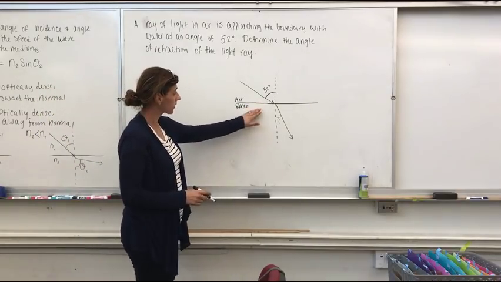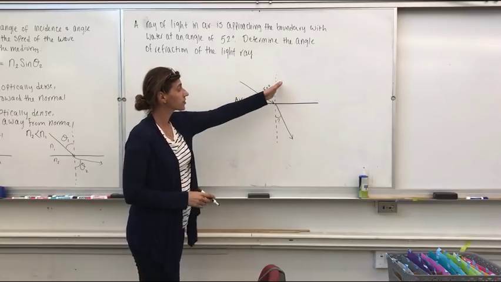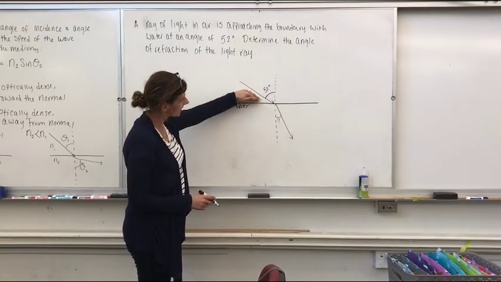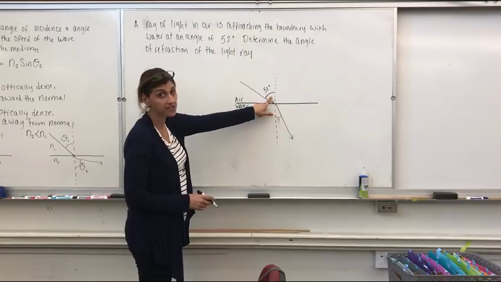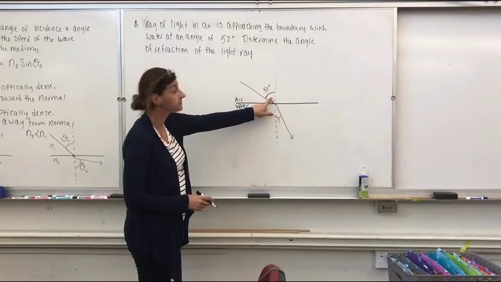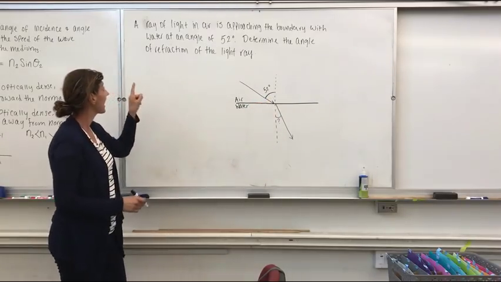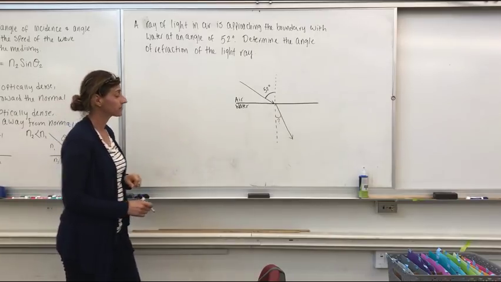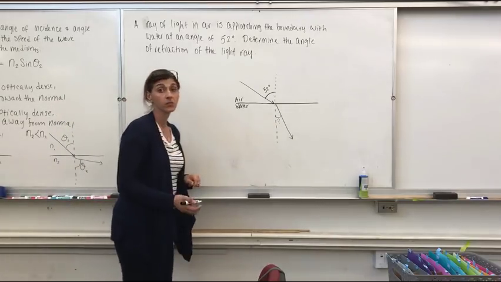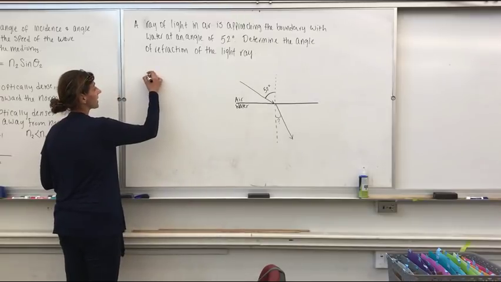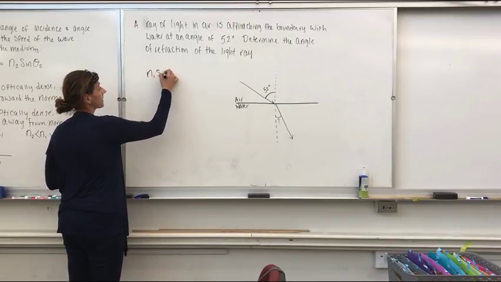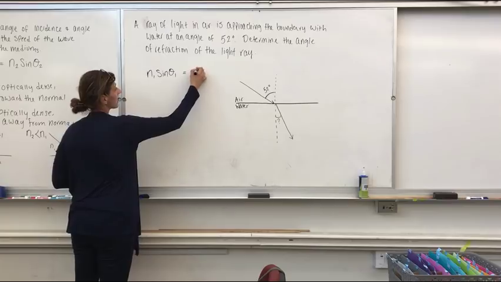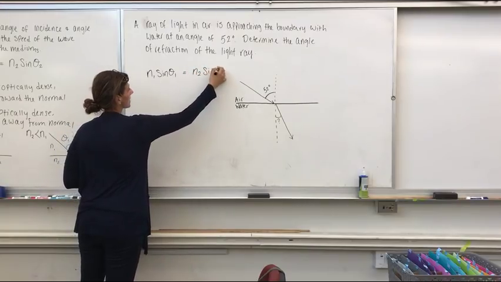So here's your water-air boundary. Here's the normal. Here's the ray that comes in. It's 52 degrees. It's always going to be to the normal. Determine the angle of refraction of the light ray. So the question is, what is this angle? So we're going to go ahead and use Snell's law, which says n1 sine theta 1 equals n2 sine theta 2.